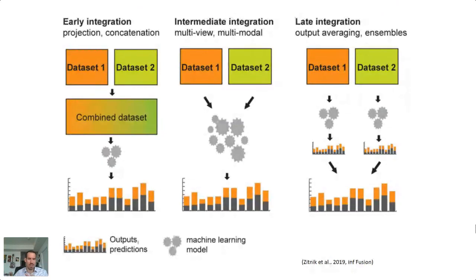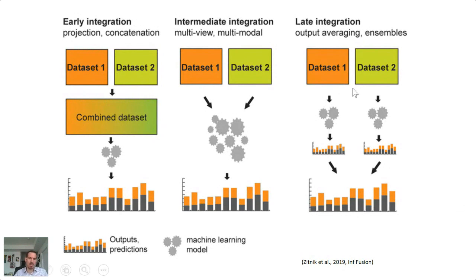Intermediate integration is something that you see in more like deep learning models that are capable of taking multiple inputs of different structures and different sources and analyzing them together in one framework that often combines and reduces them into the results, the outputs, and the predictions.